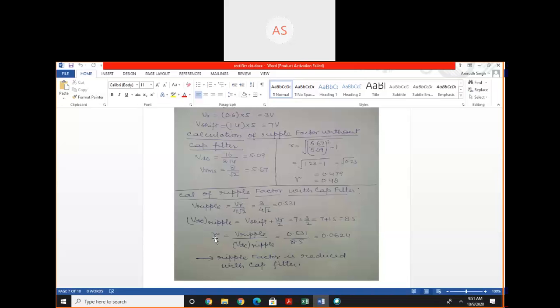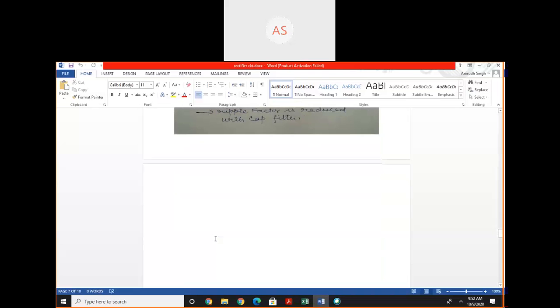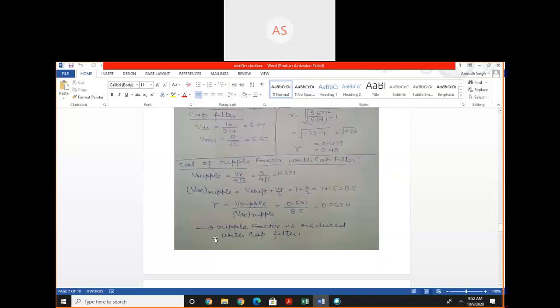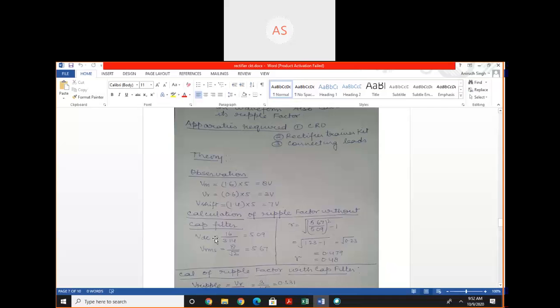Calculation of ripple factor with capacitor filter. V ripple is VR divided by 4 under root 2, which is equal to 0.531. Similarly, VDC ripple is equal to V shift plus VR by 2. V shift is 7 volt and VR is 3 volt.